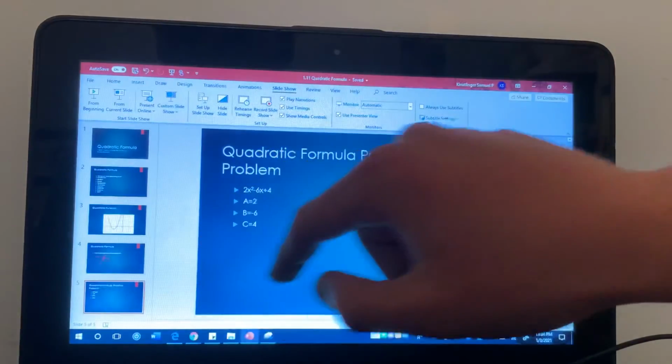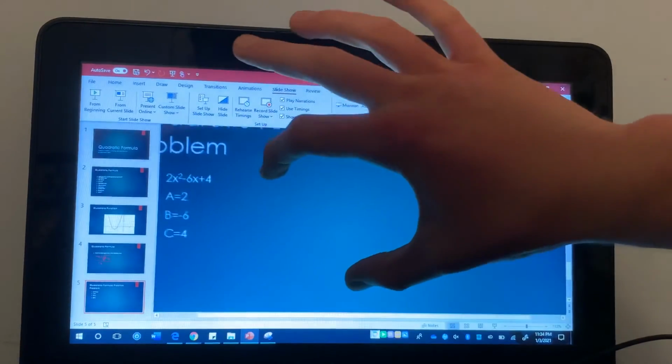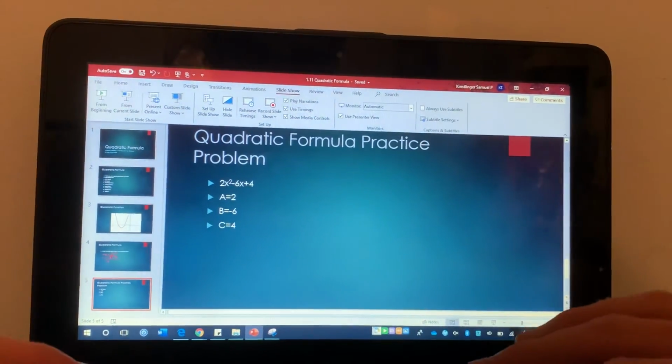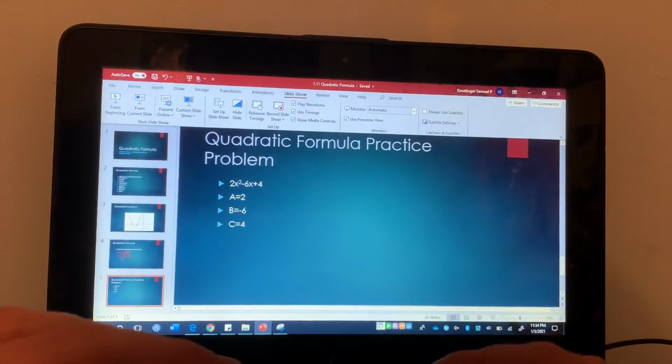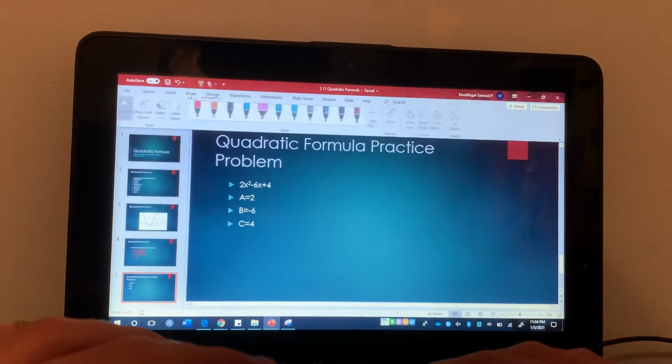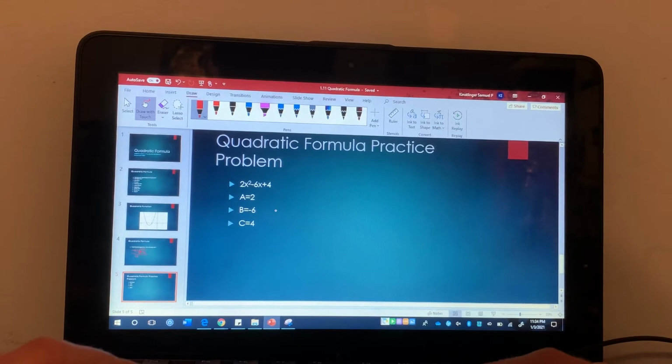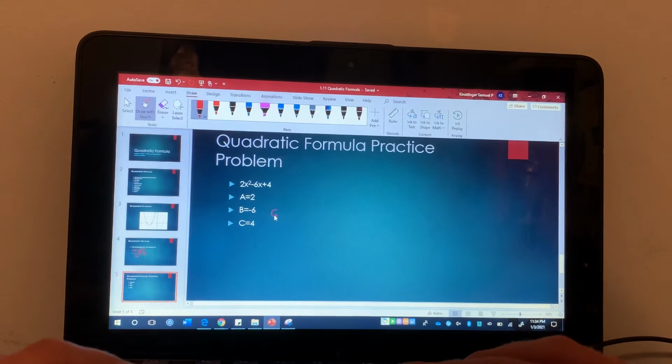Now let me do this here, so I want to be able to draw. Hopefully you guys can see that. Negative b is negative negative 6, so that's just 6.